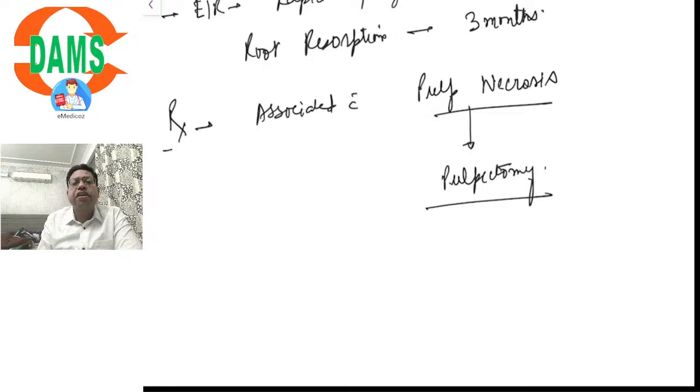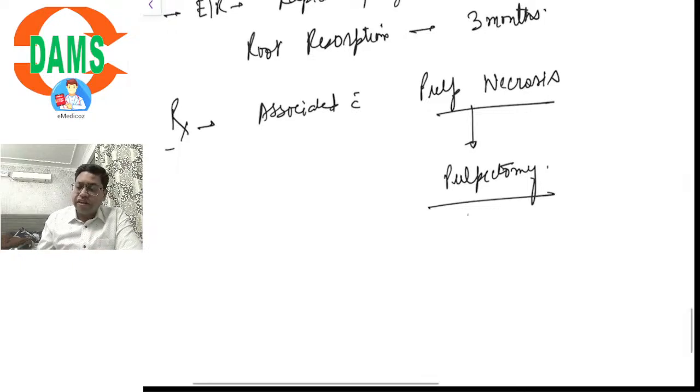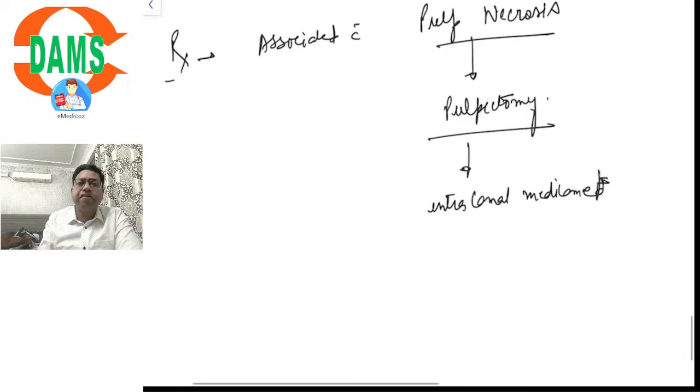When we remove the infected pulp from the root canal, the inflammatory process is halted. Then, intracanal medicament like calcium hydroxide, which has potent anti-inflammatory properties, can be given. CH stands for calcium hydroxide.